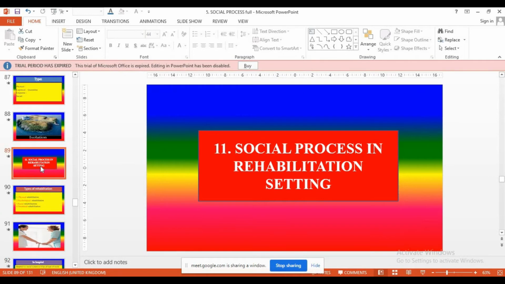Next, we are going to detail social process in the rehabilitation setting. Students, we are nursing professionals and should apply this sociological concept to nursing.